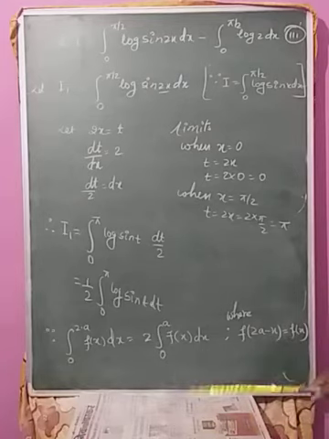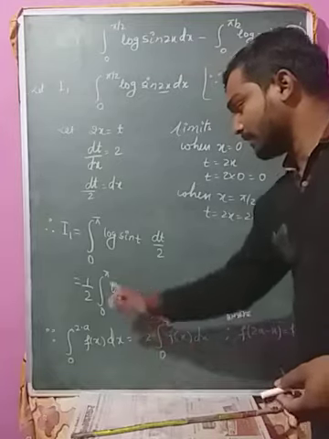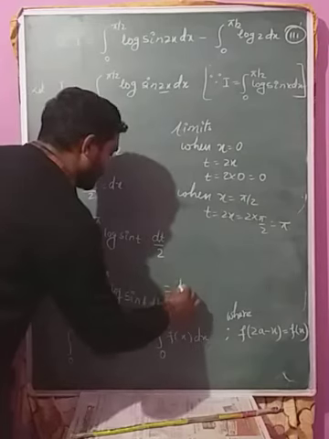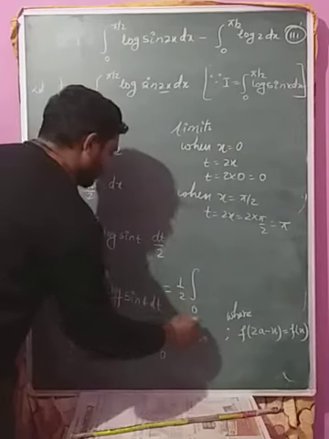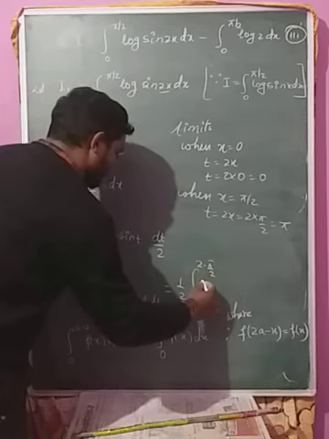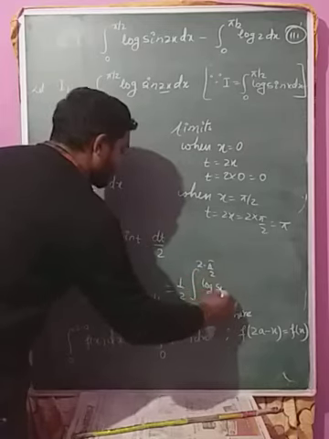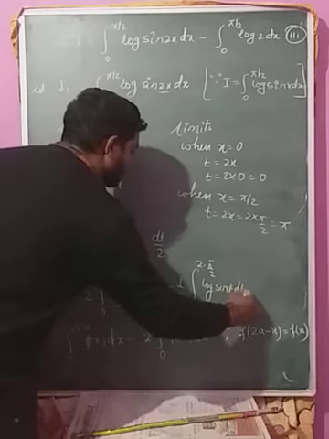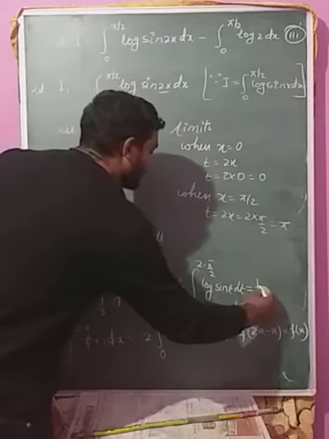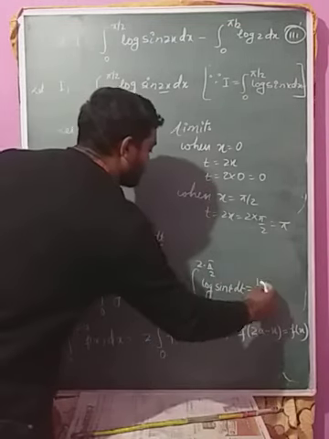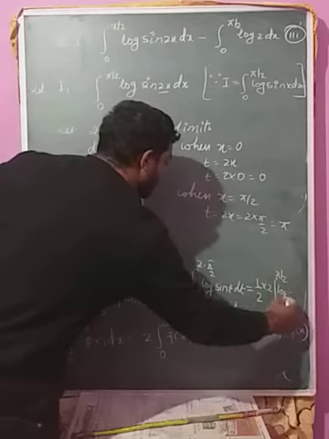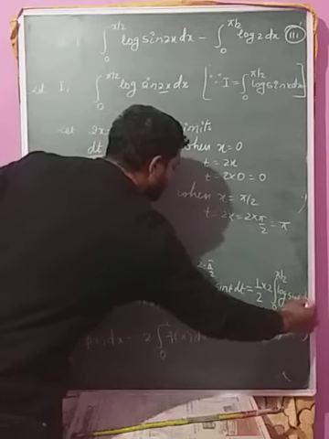So if we use this property, we can write this as 1 by 2, 0 to pi is pi by 2 into this, log of sin t dt, which is equal to 1 by 2, 2 times 0 to pi by 2 log of sin t dt.